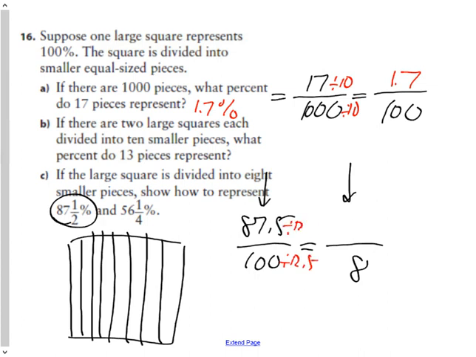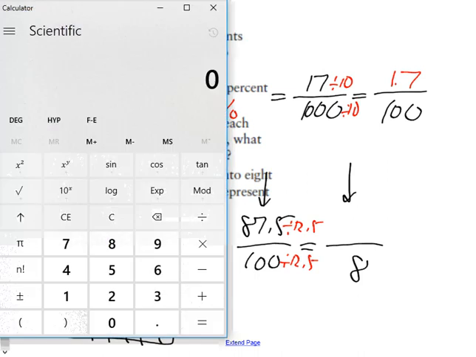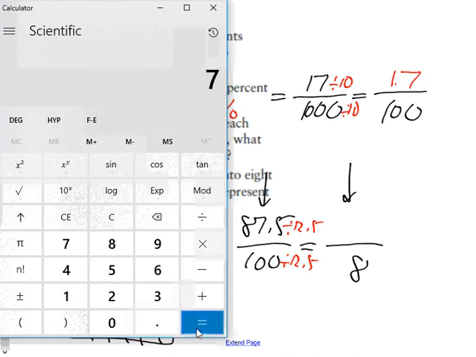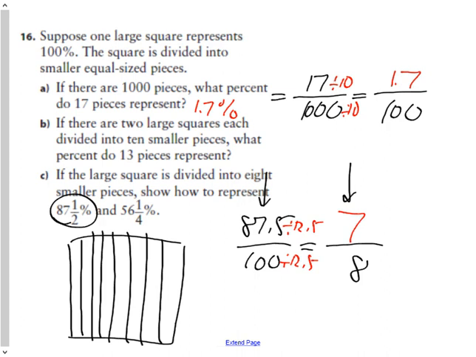And I'm going to divide this by 12.5. And take my calculator. I know the answer, but I'm going to do it for dramatic purposes. 87.5 divided by 12.5 is equal to 7. So therefore, as an equivalent fraction, 87.5% with this new non-hundreds grid of 8 parts instead of 100, I would have 7 of the 8 shaded in. This would represent 87.5%.